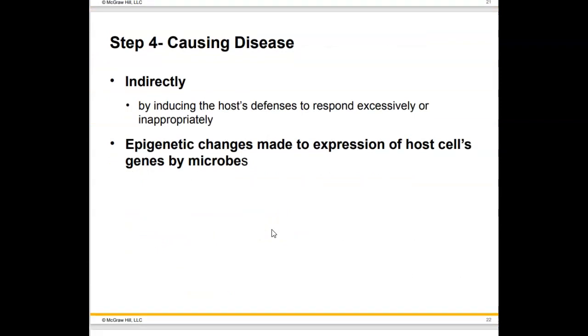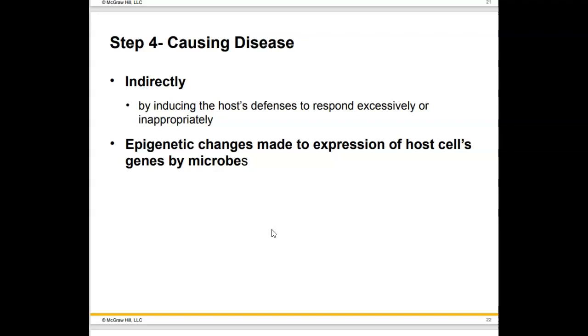All right, causing disease. Disease can be caused by the pathogens indirectly. Just their simple presence triggers your immune system, and sometimes your immune system can respond, as it says, excessively or inappropriately.